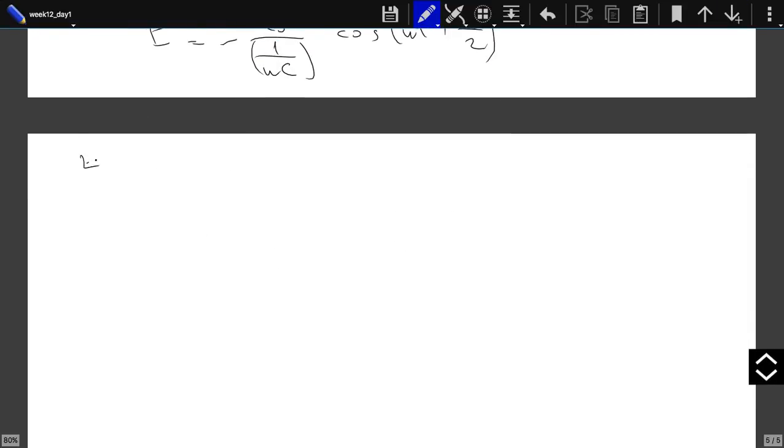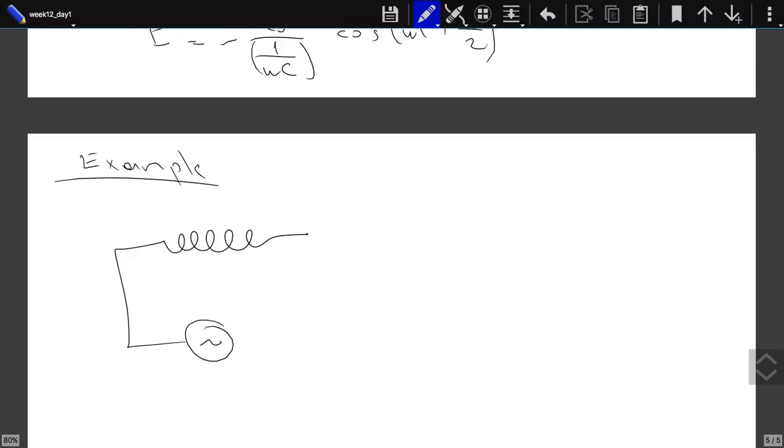Well, there is a single circuit element left, the inductor. Let's put the inductor. So let's say now there is an alternating current source, and then there is the inductor.